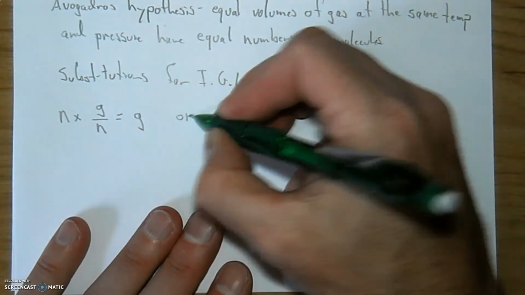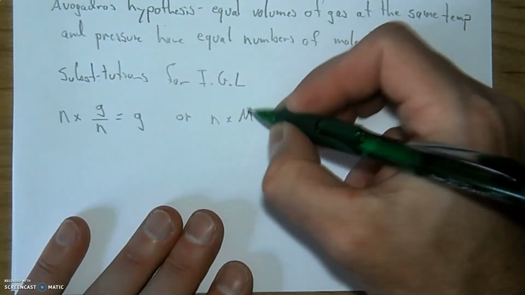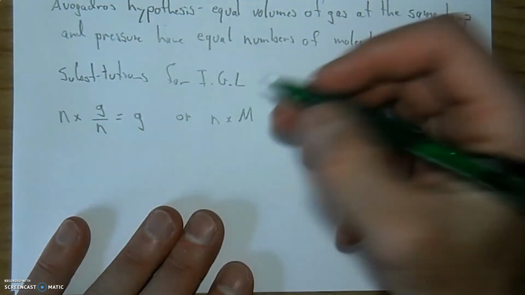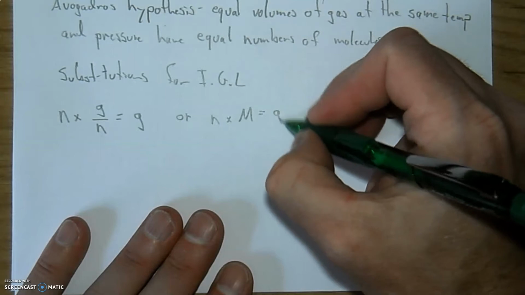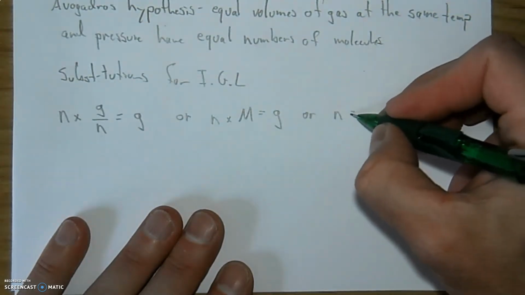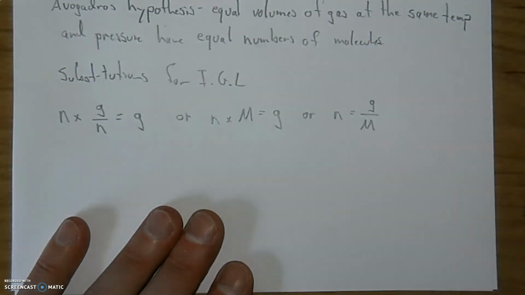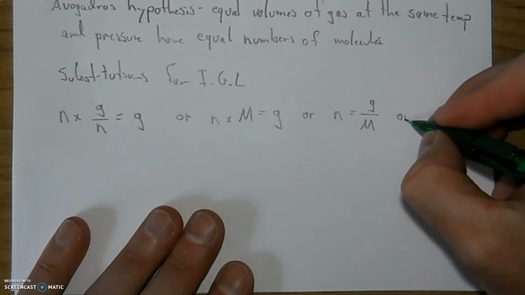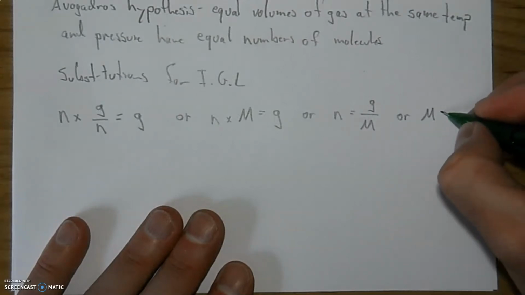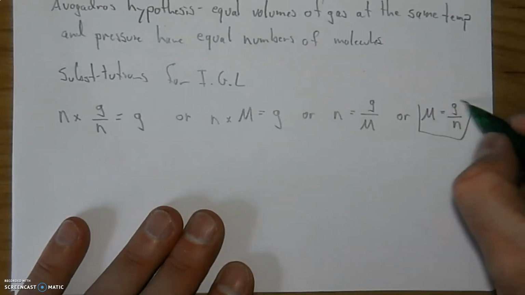Continuing this thought process, we can say moles times molar mass, grams per mole, is still equal to grams. Or one more time, we can say that moles is equal to grams over molar mass. And we can fool around with this one more time and say molar mass is equal to grams over moles. So we have that understanding.